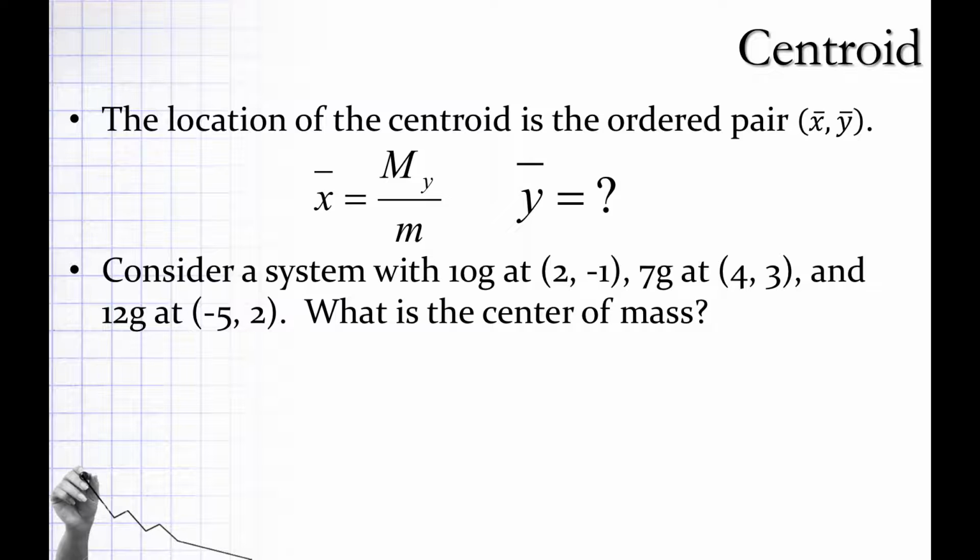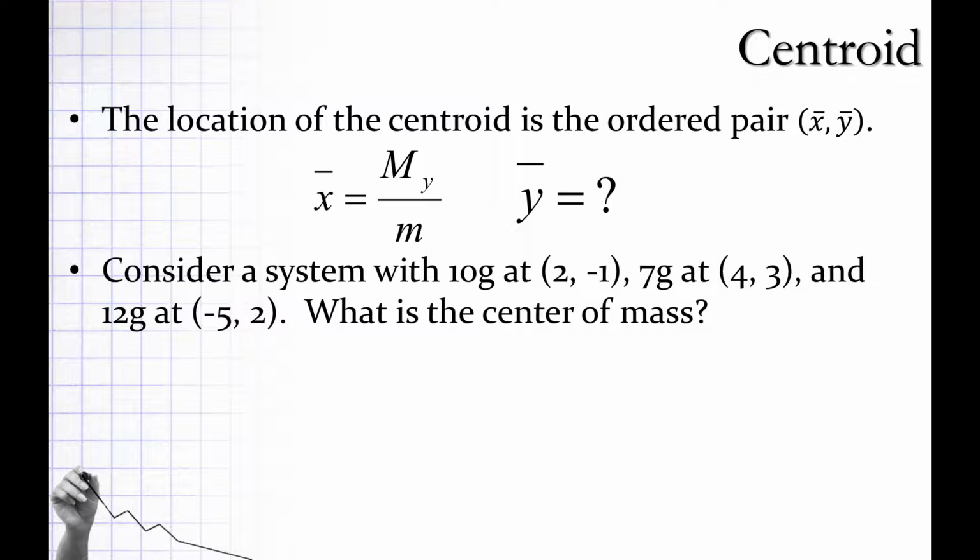For our x-coordinate, we're going to take the moment about y divided by the mass. The moment about y means how far are we from the y-axis. How far is 10 grams away from the y-axis? 2, because that's the x-coordinate. So 2 times 10. Plus, how far away is 7 grams from the y-axis?